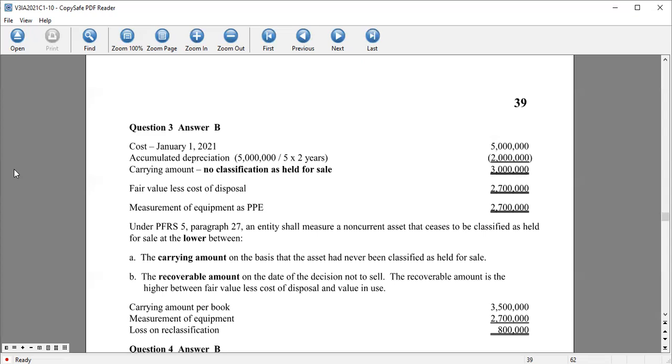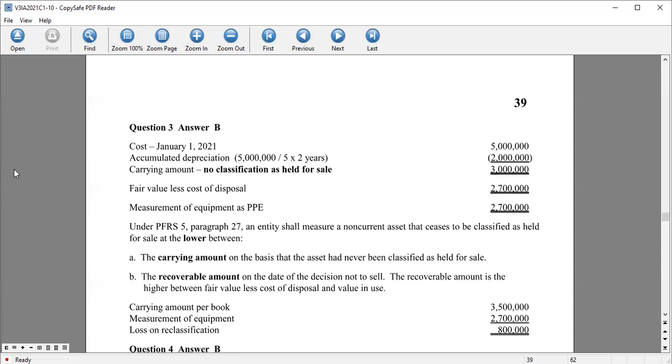Under PFRS 5, paragraph 27, an entity shall measure a non-current asset that ceases to be classified as held for sale at the lower between the carrying amount on the basis that the asset had never been classified as held for sale and the recoverable amount on the date of the decision to sell. The recoverable amount is the higher between the fair value less cost of disposal and the value in use.